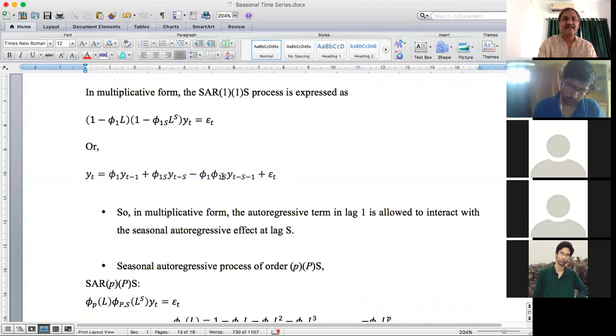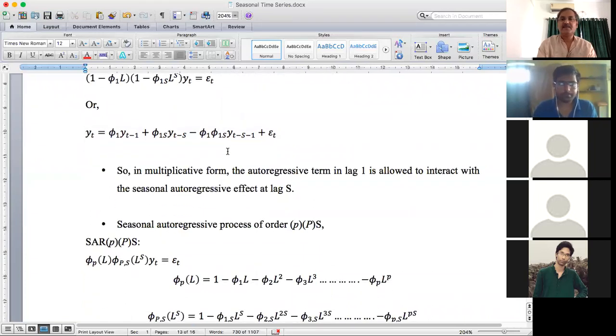So this is the additional term we have to interpret if we express the seasonal autoregressive process in multiplicative form. So in a multiplicative form, the autoregressive term in lag 1 is allowed to interact with the seasonal autoregressive effect at lag S, this part.